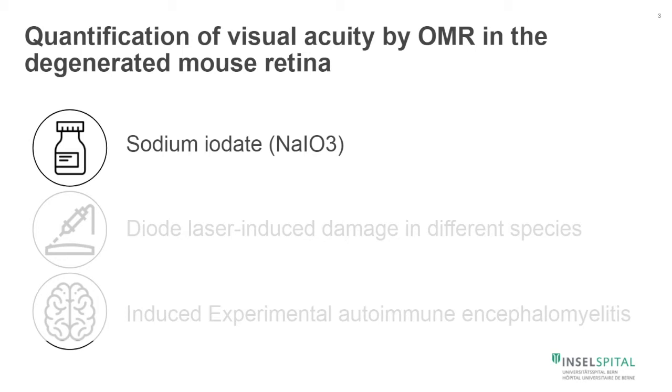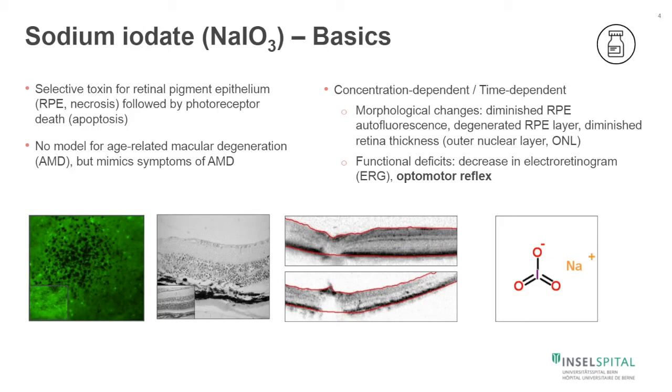It's already known since the 30s, and it is characterized by selective toxicity for the retinal pigment epithelium, where its use induces a necrosis, which then is followed by photoreceptor death, which is induced by apoptosis.